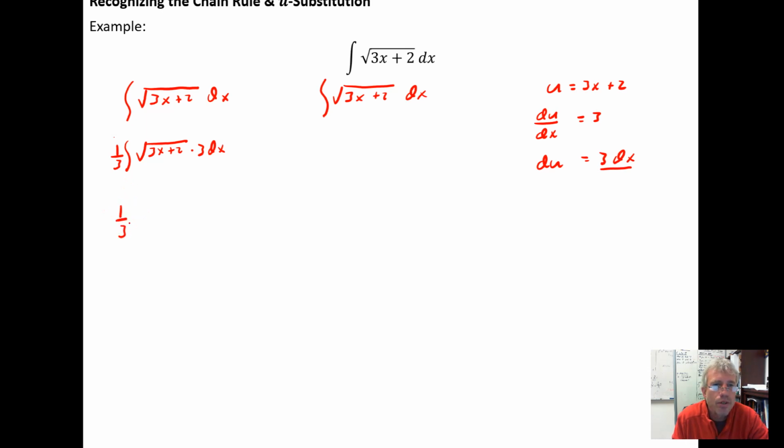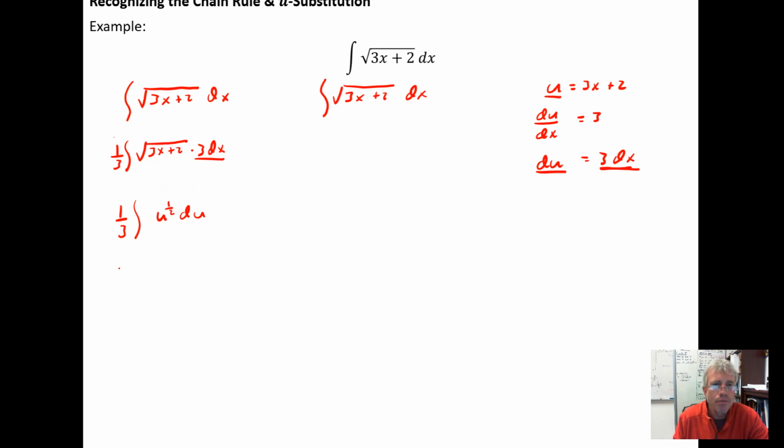I take 1/3 times the antiderivative of the square root of, and we're replacing the 3x plus 2 with u, and we're replacing the 3 dx with du. And then I want to recognize that the square root of u is really just u to the half power.